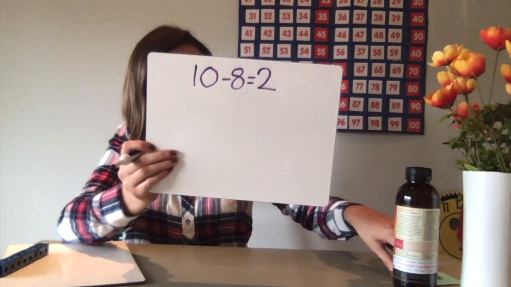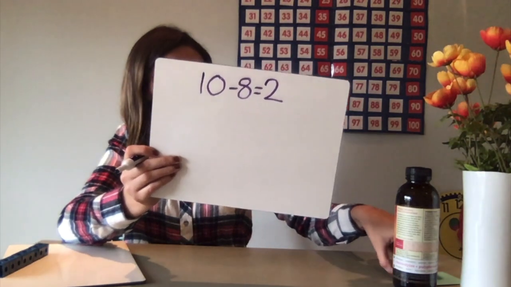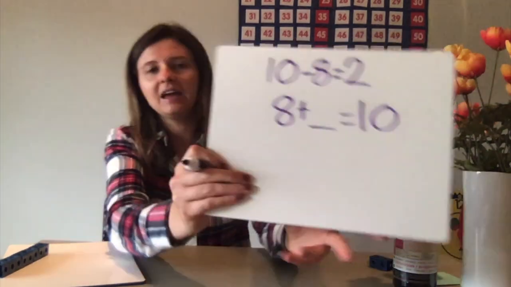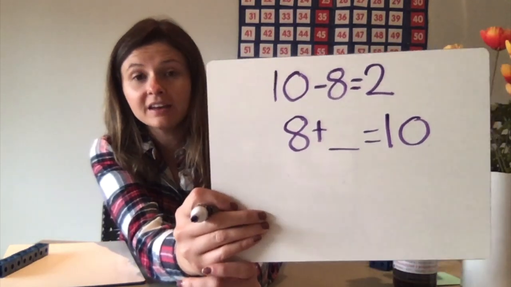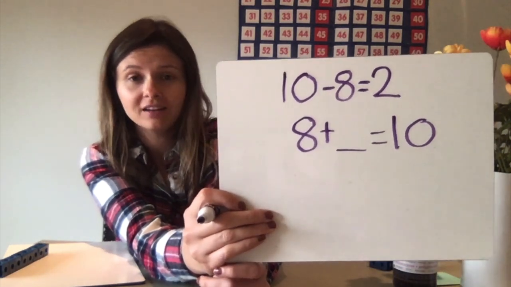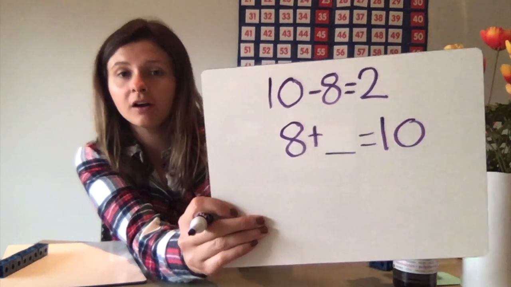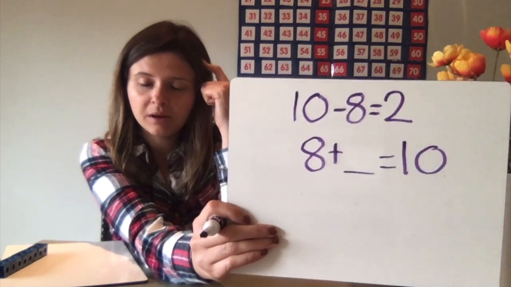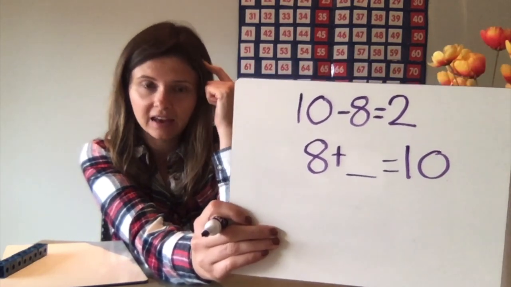But what I could also do to solve this is I can think of, what do I need to add to 8 to get to 10? And since we practice combinations of 10 a lot in class, you might already know, if I have 8, how many more do I need to have 10?